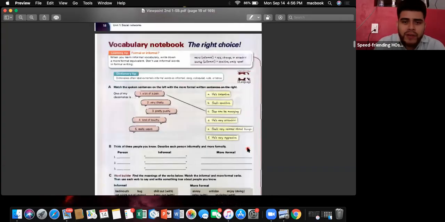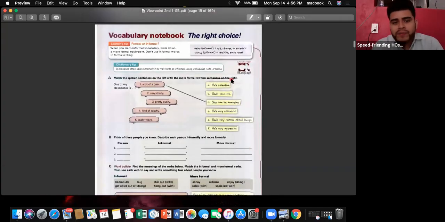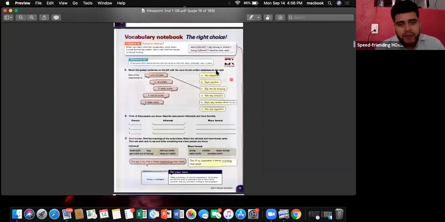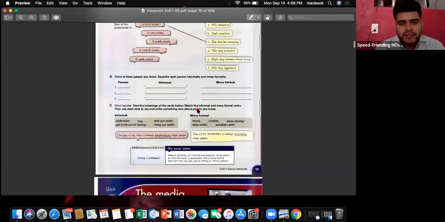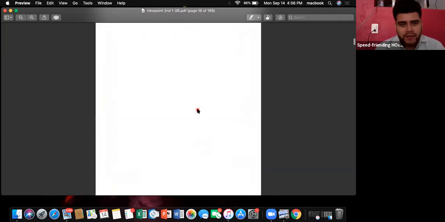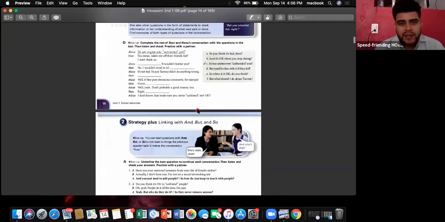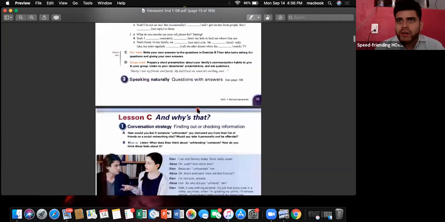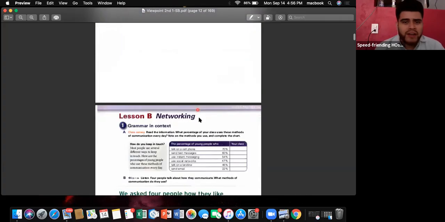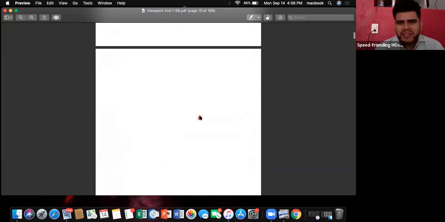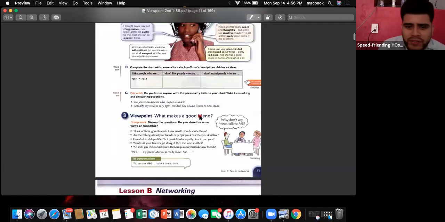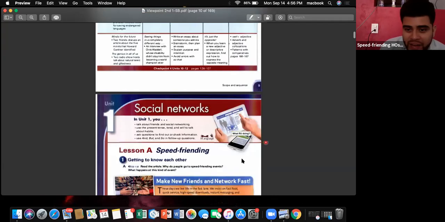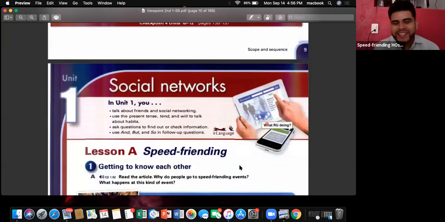And of course, we also have a vocabulary notebook. In my opinion, this vocabulary notebook is a lot better. This book is just way better. The topics are more updated. They're not old. This book is, I think, 2012, 2013. So it's really good. See, look, they actually have a smartphone in this picture.